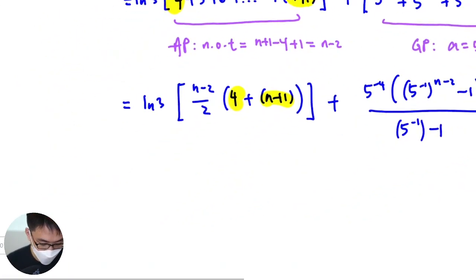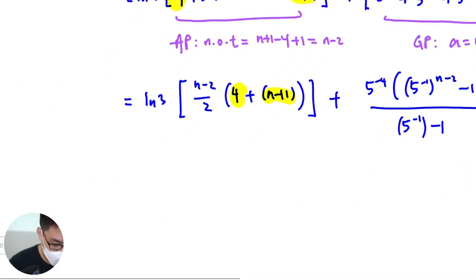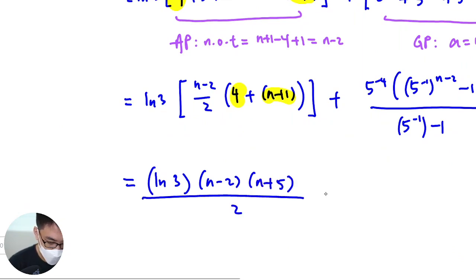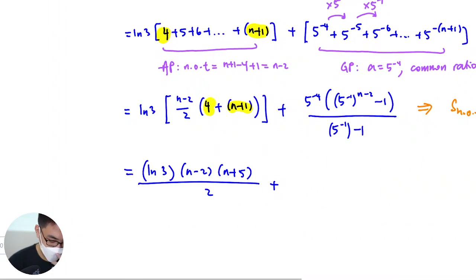So once done, what you get is ln 3, 5 minus 4, 5.